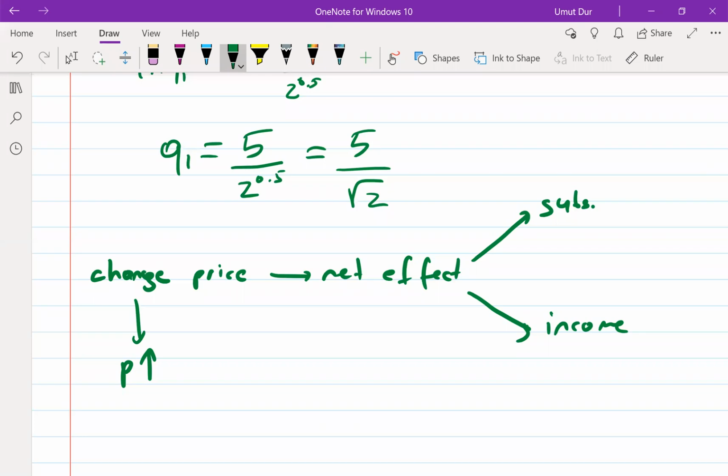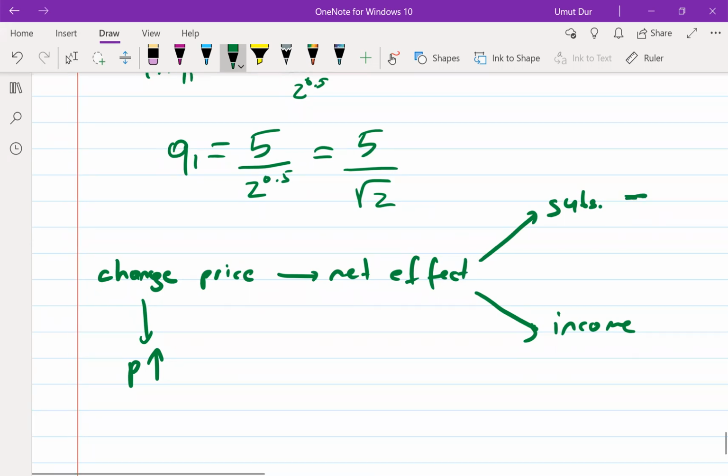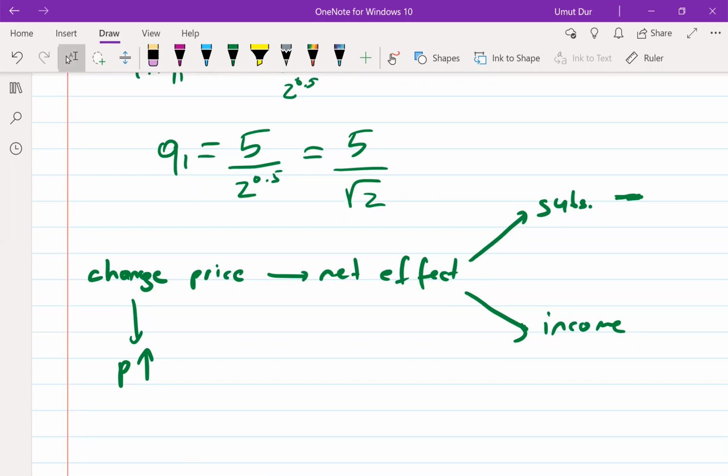Law of demand ne diyor? Price'ımız artarsa demand'imiz azalır. Demand'imiz azaldığından dolayı da substitution efektimiz her zaman, eğer price'ımız artıyorsa, substitution effect will always be negative.